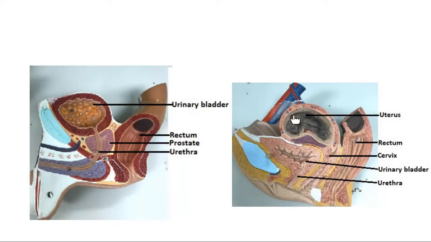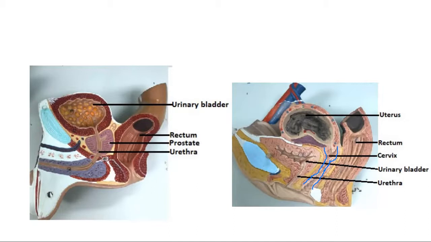Whereas this is the female reproductive model. Here you are seeing the uterus, rectum, the cervical part of the uterus, and the urinary bladder. See here, this part is the vagina. This whole thing is the vagina, and this part is the cervix.